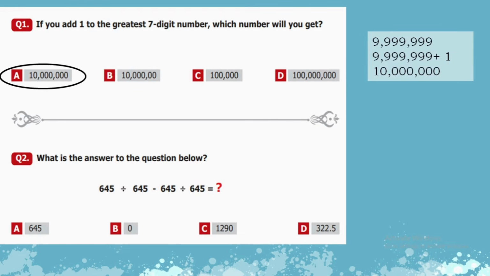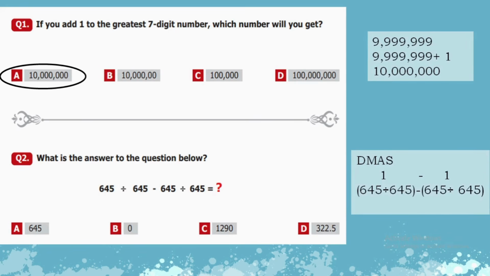Question number 2, what is the answer to the question below? 645 divided by 645 minus 645 divided by 645. So here we will apply the rule of BODMAS, in which when you have more than one operation in an equation, you do division first, then multiplication, addition, and at the end subtraction.